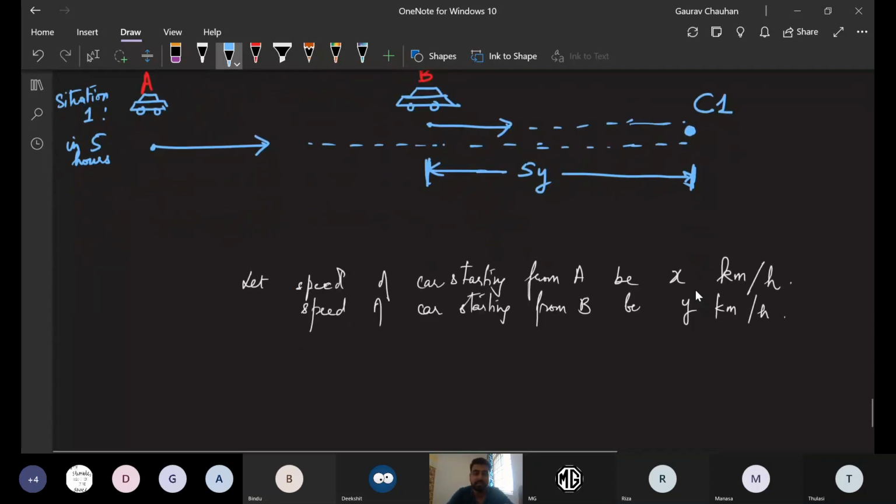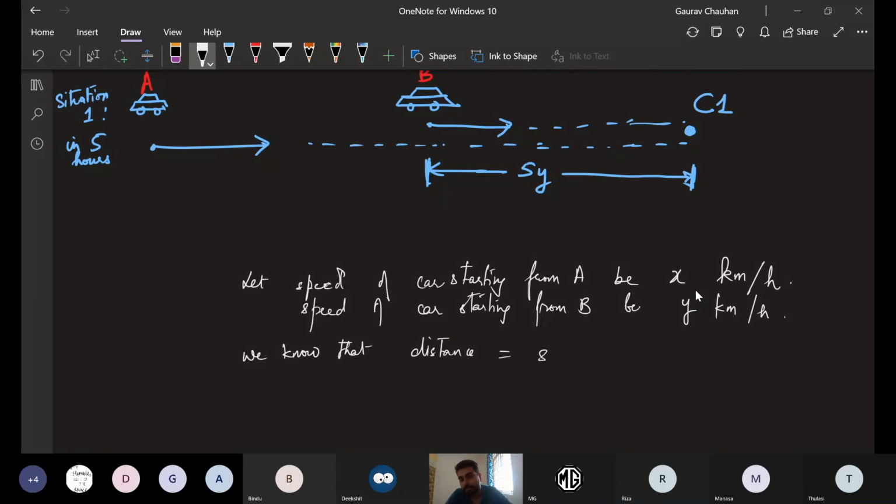Anyone has any doubt on how MG reached this distance? Yes, I'm going to take 10 minutes more. We know that distance is equal to speed into time.